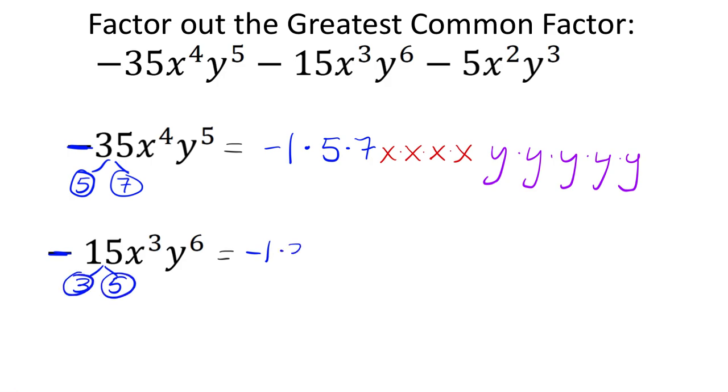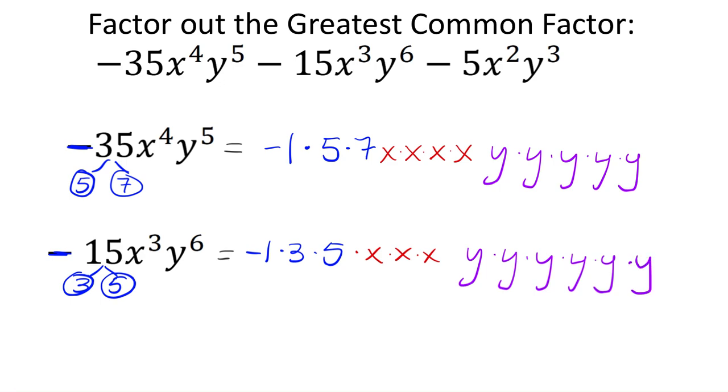And those are both prime, which means that we can't factor that anymore unless we were to use 1s. Then we have 3 x's all being multiplied together. And then finally, we have 6 y's all being multiplied together. There's our first 5, and then a sixth one. And that factors out the second term.